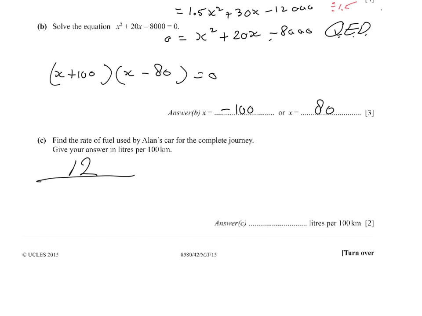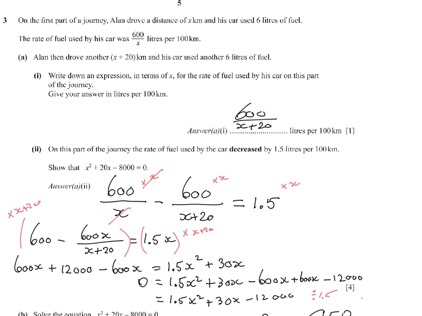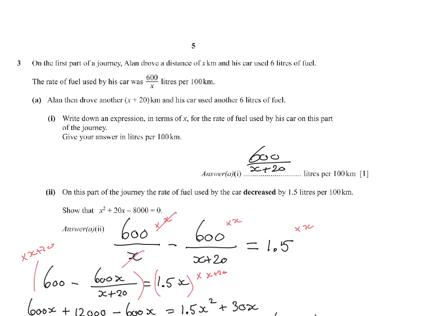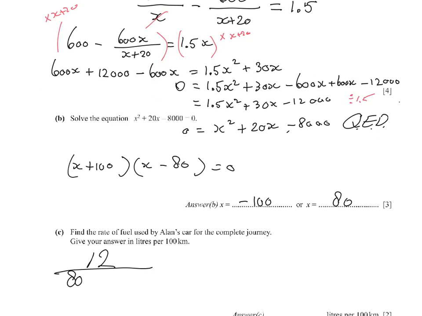In how many kilometers did he drive? So for the first part, that is just 80. For the second part, it was x plus 20. Yeah, remember that? I'll just scroll up again to show you. So for the first part, how far did he travel? X, so 80. For the second part, it was x plus 20. So 80 plus 20, which is 100. Okay, so there we go.